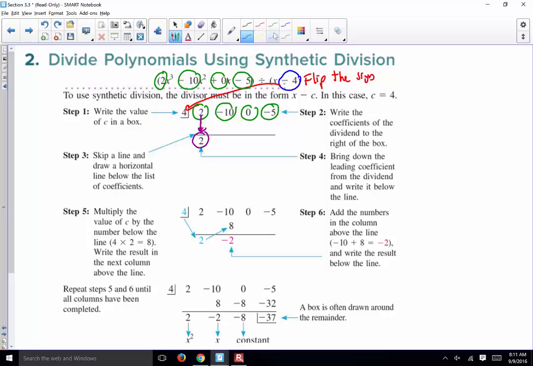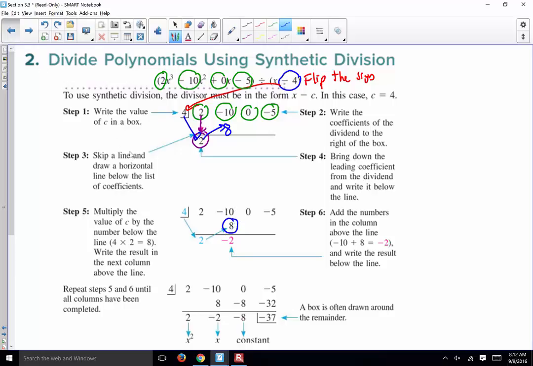Next, you always multiply the number under the horizontal line with 4, the divisor number, and put it underneath the adjacent number. The next number is -10. You put the result here as 8. I'm at this step. And what operation do we do between -10 and 8?